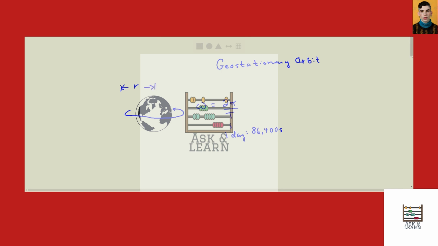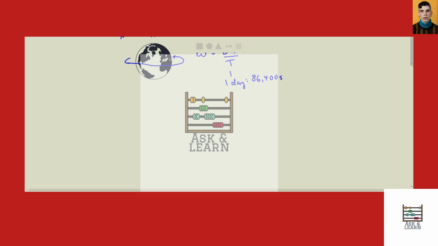And it's good to start with some basic physics, that in order for something to move around in a circle, the centripetal force has to equal the mass of the object times the centripetal acceleration.